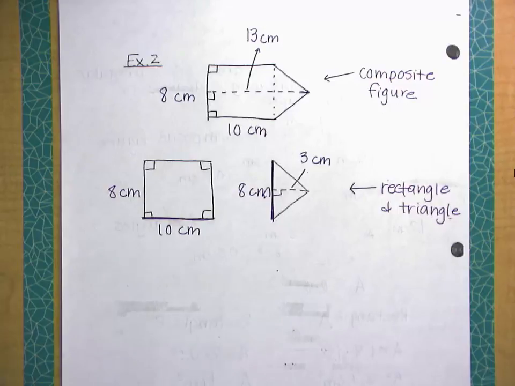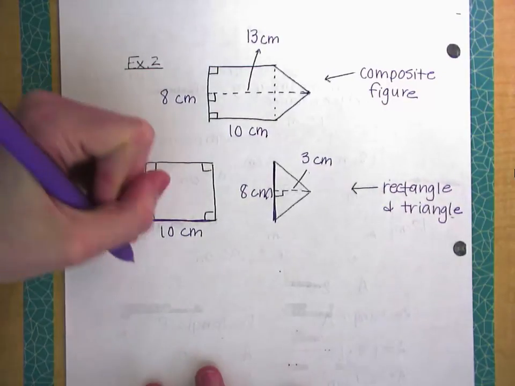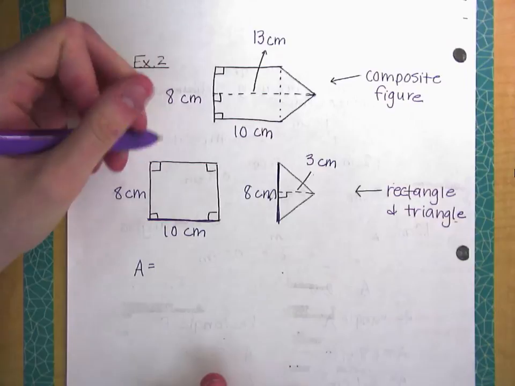All right, so now that I've got my shape split up, what do I need to do? Well, I need to find the area of both shapes, right? So this is a rectangle. What's the formula for the area of a rectangle?